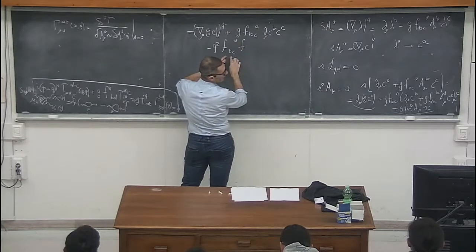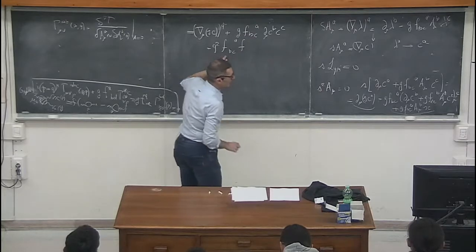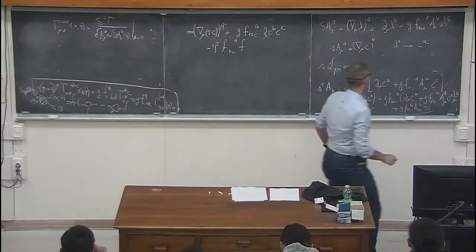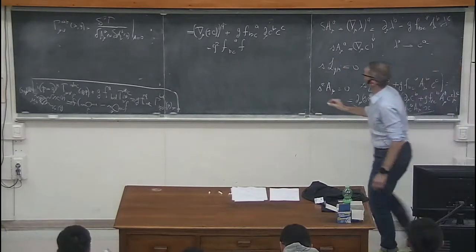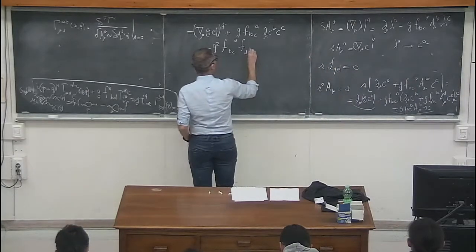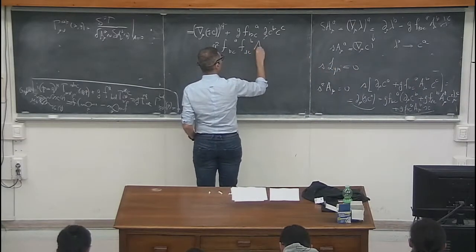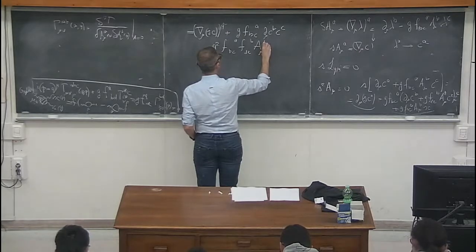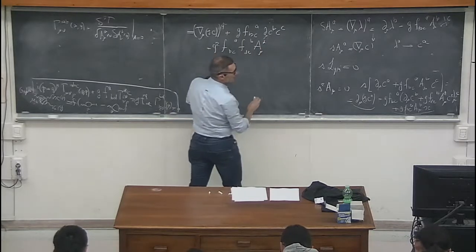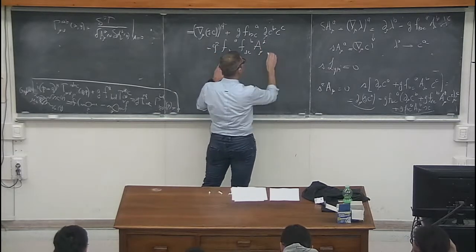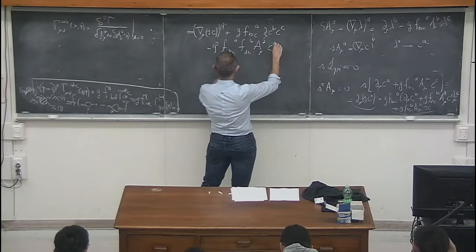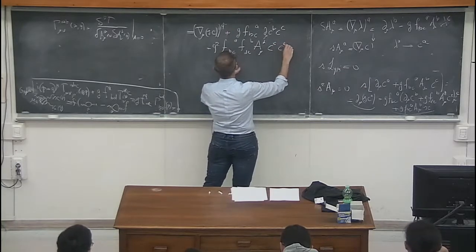Now, what is the next term? Here was the B, so f^{deb} A_mu^d. There is a C^e coming from here and a C^c coming from here.